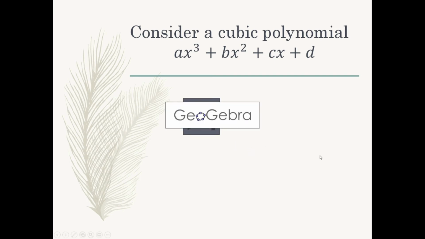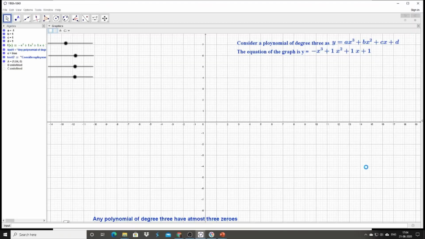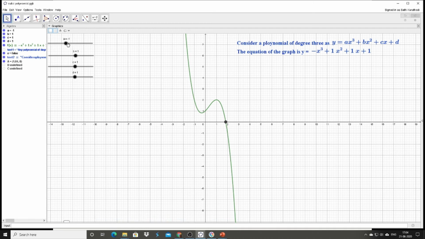Here also we concentrate more on the points of intersection than the shape of the graph. Here we are going to keep B, C, D as constants. A is going to change. Therefore, we will give A different values.